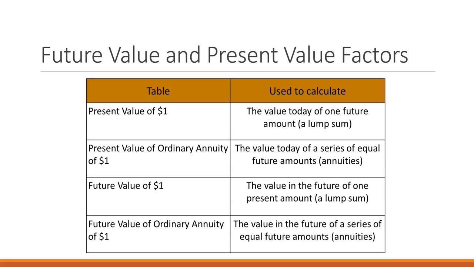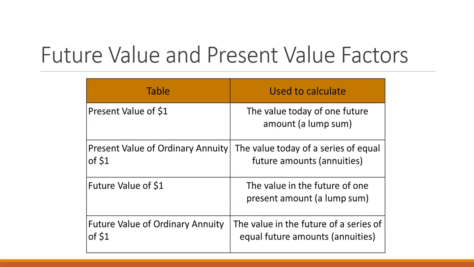Okay. Future value of $1. This is the value in the future of a dollar amount. If I put $100 into the bank right now, given what interest I'm earning, what is the value of that amount going to be in 10 years if I just let it sit there and earn interest?